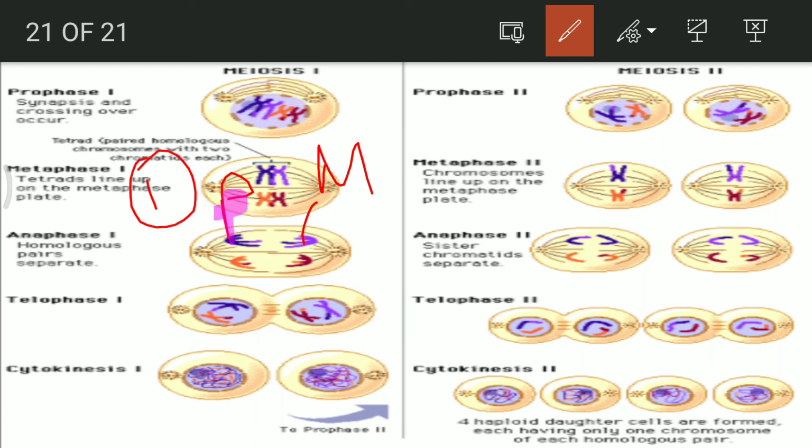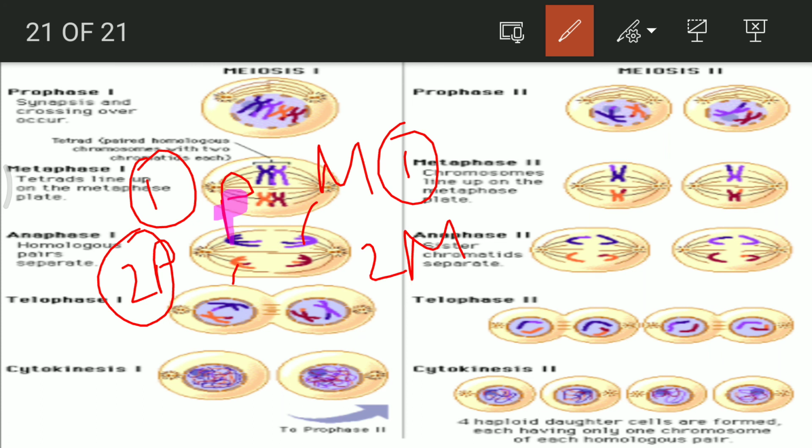So chromosome 1, chromosome 1, this is chromosome 2 paternal, this is chromosome 2 maternal. You can see what is happening here in anaphase 1. Chromosome number 1 of father is moving towards one side, chromosome 2 of father is moving towards another side. Suppose this chromosome 2 is of mother and this is of father.